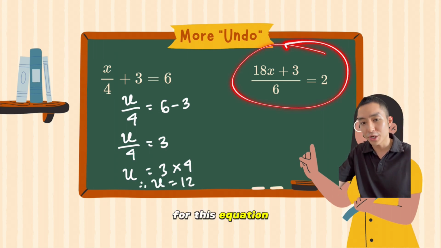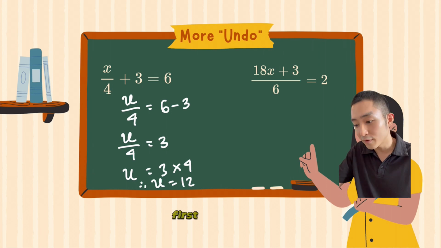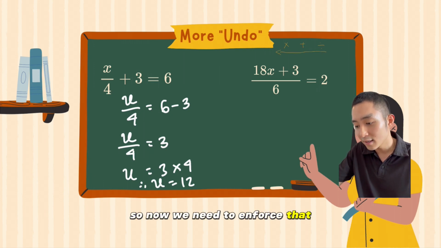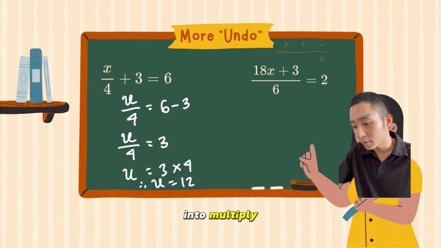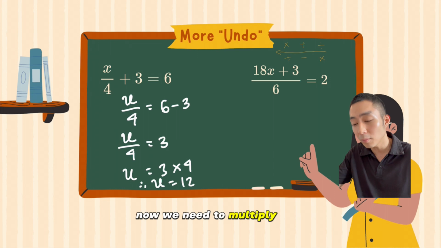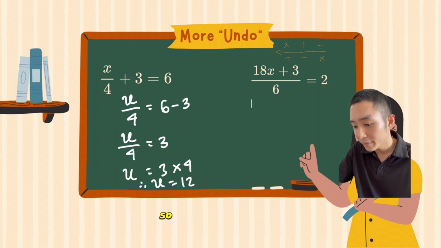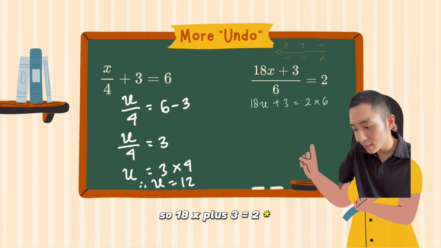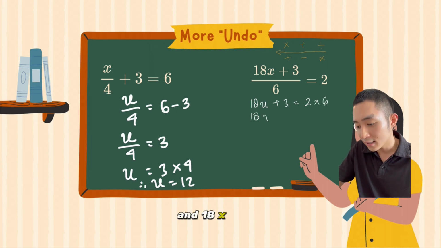For this equation, we have a lot to do. First, we multiply, and then we add, and then we divide. So now we need to inverse that into multiply, minus, and divide. Because it was divided by 6, now we need to multiply by 6. So 18x plus 3 equals 2 times 6, and 18x plus 3 becomes 12.